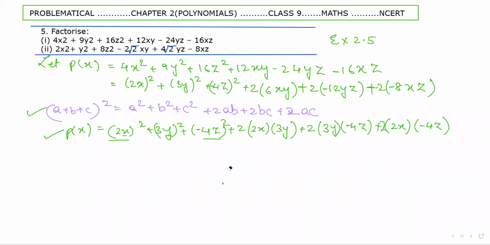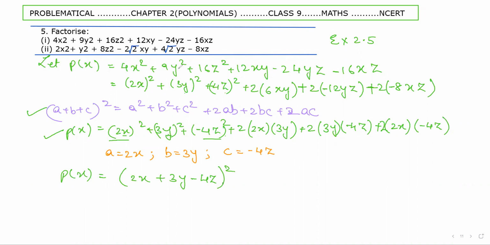Comparing these two, we get a is equal to 2x, b is equal to 3y, and c is equal to minus 4z, which means your original P of x will be equal to (2x plus 3y minus 4z) whole square. That's your final answer of P of x.